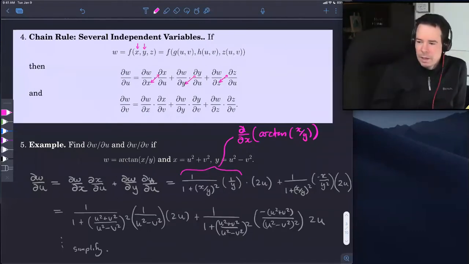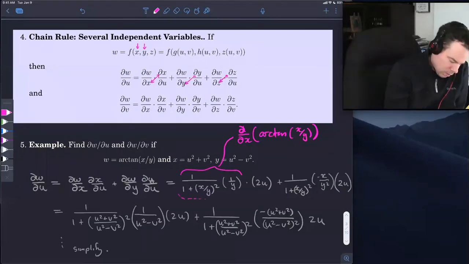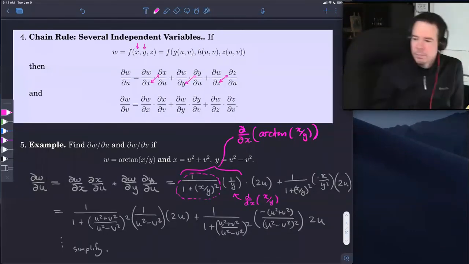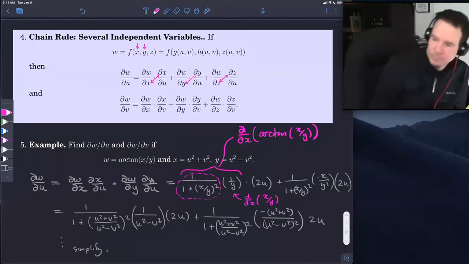The derivative of the outside function, the arctan, is this bit. And then the derivative of the inside function. So this is the derivative with respect to x of the inside function, x over y. So that's just our regular old chain rule from Calculus 1, where we're differentiating this arctan of x over y with respect to x. Y is a constant, so it's just a function of a single variable. That's where it's coming from.